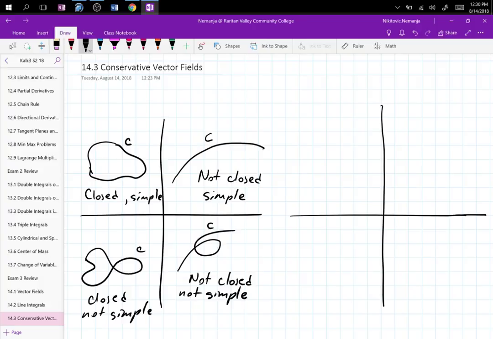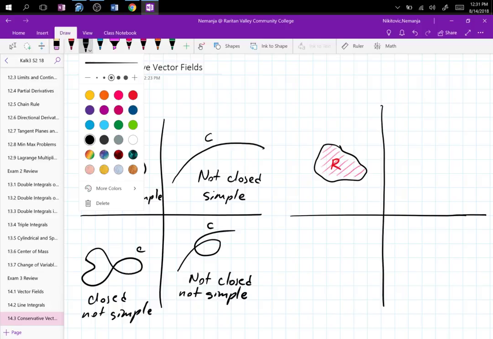Then we have regions. So we draw a potato-like one, and we shade inside. We will call this region R. And this one will be connected and simply connected.